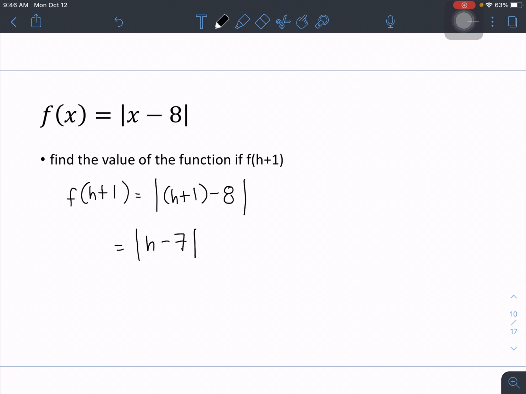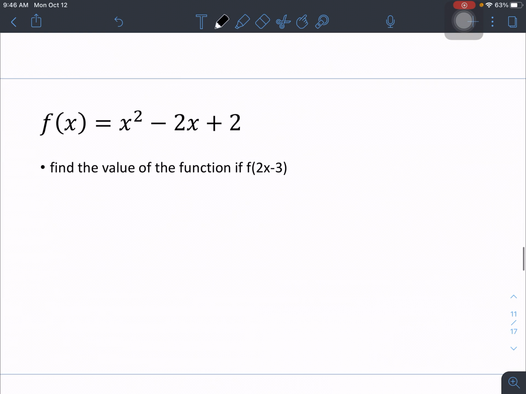Okay, so we cannot omit the absolute value because we have a variable that we cannot distinguish if it is positive or negative. So for the final answer, this one will be enough: the absolute value of h minus 7.